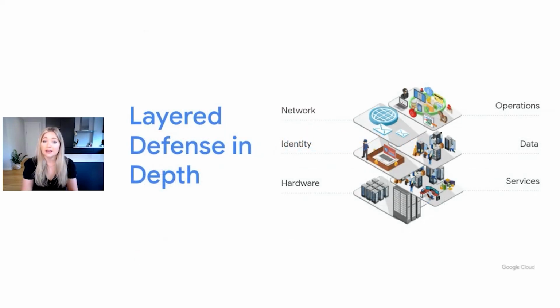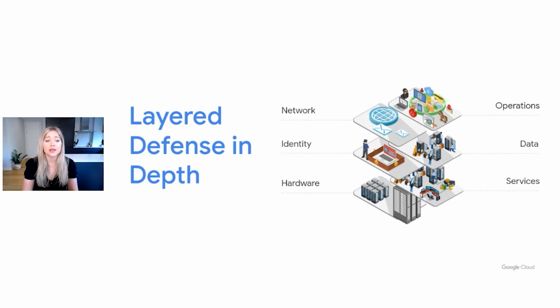Looking at the items here, network. We don't assume traffic from outside requires extra security, but that traffic from inside our data center is fine. All network traffic is inherently untrusted. Identity. We need to establish who is initiating the traffic, verify who they are and what they're trying to do. Hardware. What do we know about the computer that traffic is coming from?